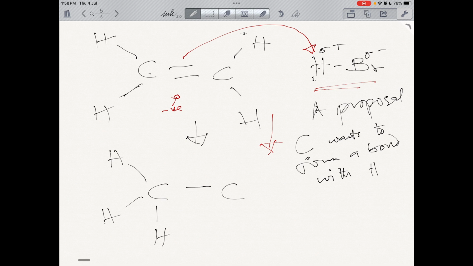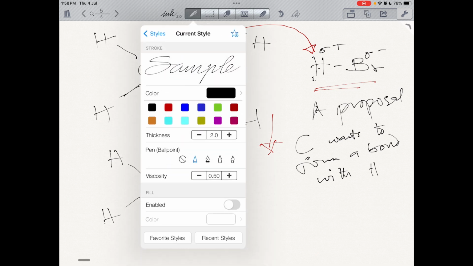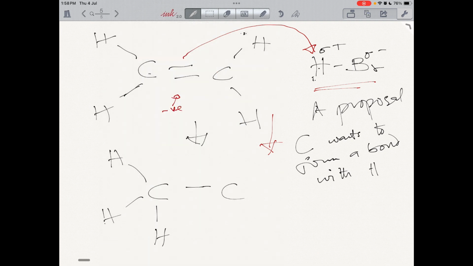But that's not all. As this is forming a bond with this, if you look at hydrogen, hydrogen cannot accommodate two covalent bonds at the same time. The maximum number of electrons you can have around hydrogen is 2. So this bond must break, and the 2 electrons go to stay on bromine.